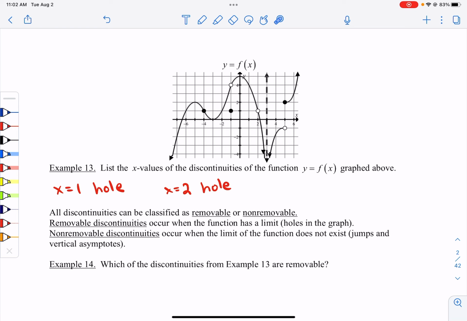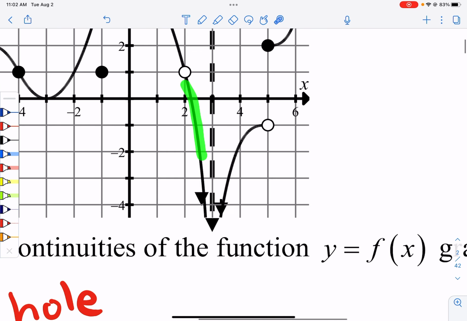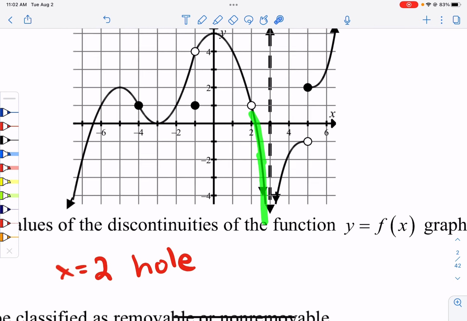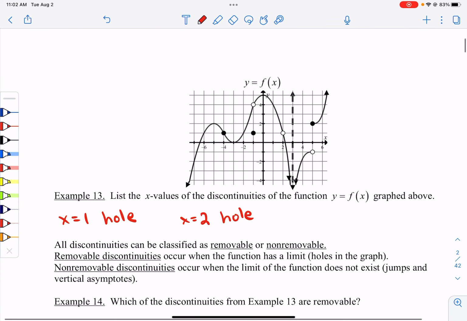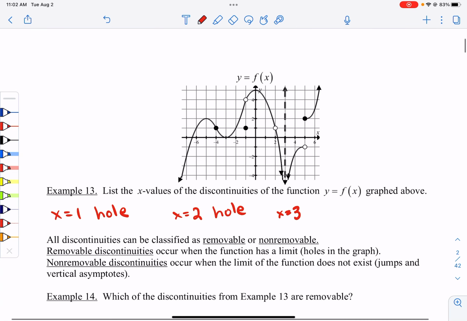So let's keep going. As I go from 2 down, as I follow that one along, I'm going to hit this vertical asymptote, and I'm just going to keep going down and down and down forever, but I'm never going to actually be able to reach 3. So that gives me another discontinuity. So at x equals 3, I have a vertical asymptote.